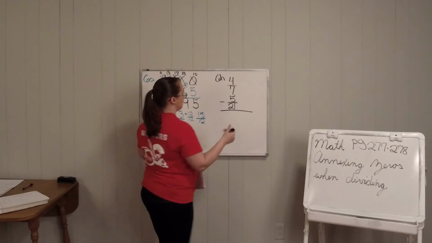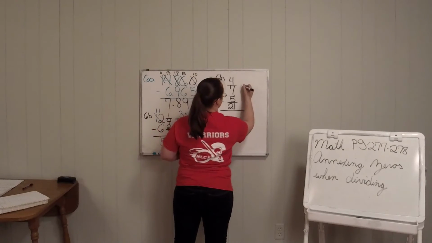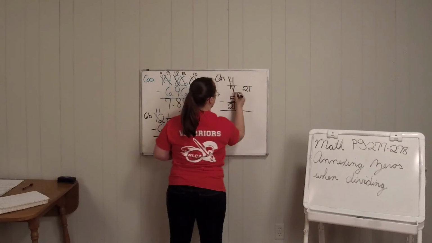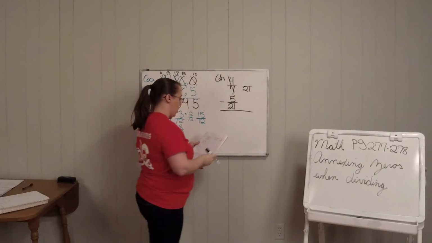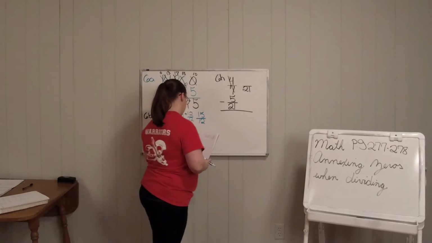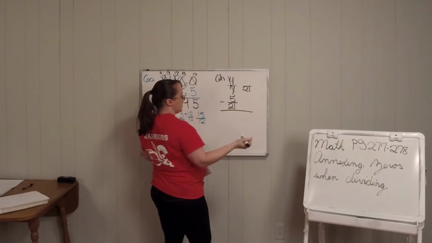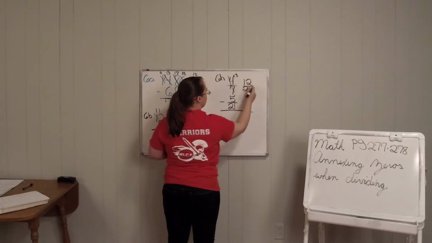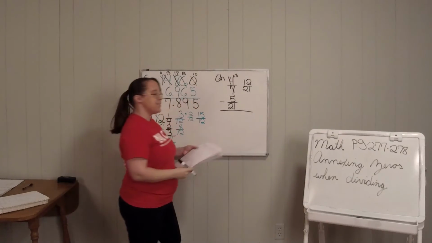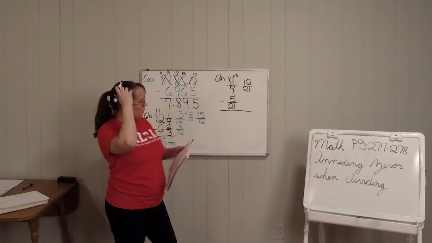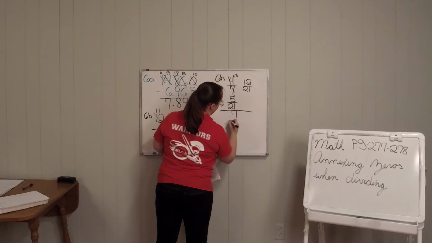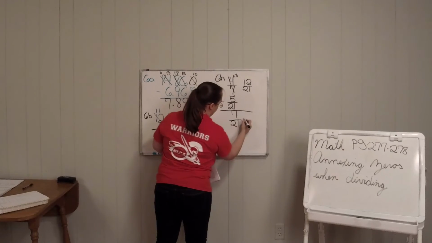It does. So, 21 is our common denominator. 7 times 3 is 21, so 4 times 3 is 12. 12 over 21 minus 5 over 21 can be done. 12 minus 5 is 7 over 21.